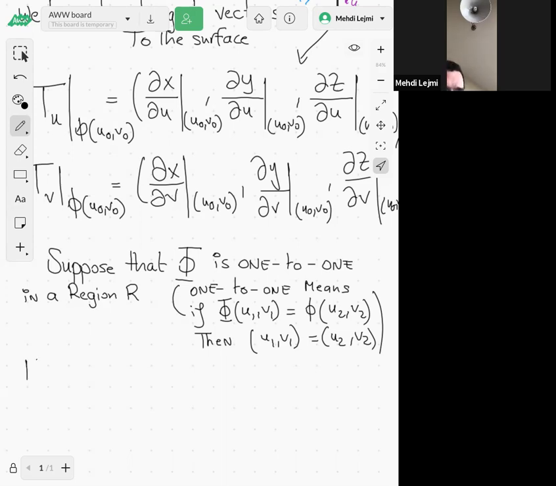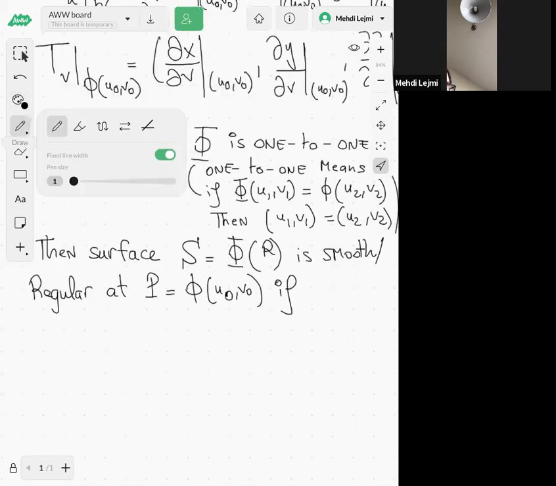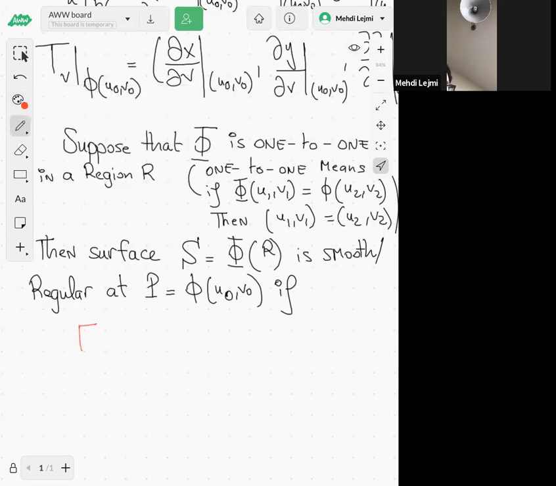Then the surface S, which is the image by the function phi of this region R, is smooth or regular at the point P if the cross product of these two tangent vectors is not zero.